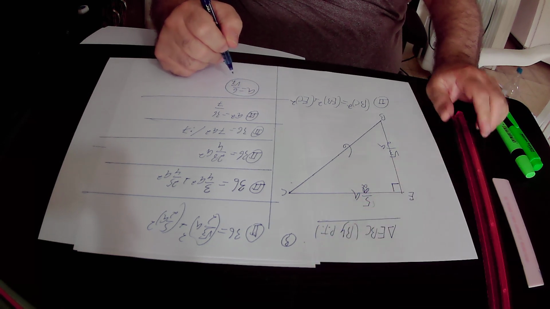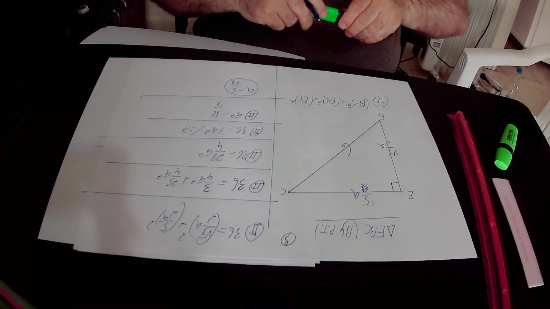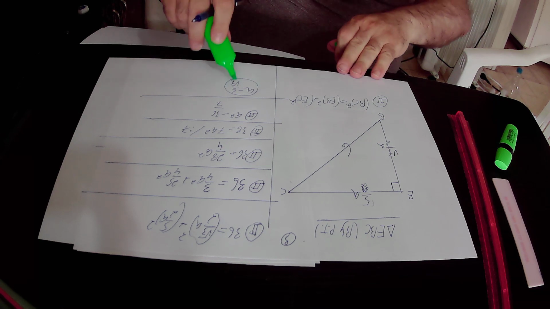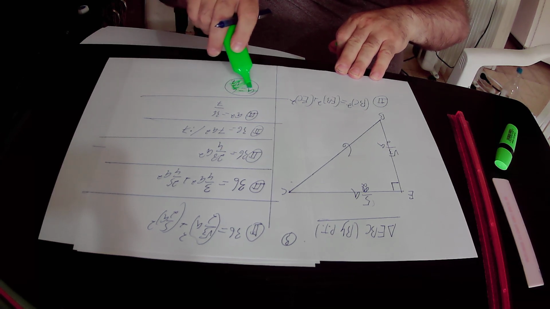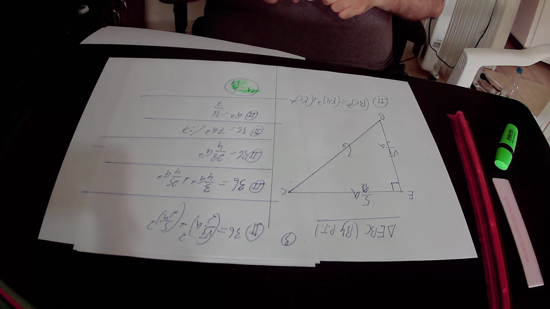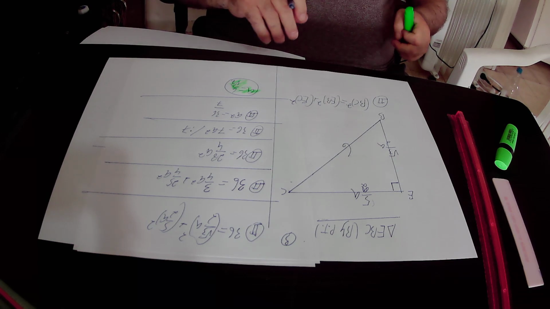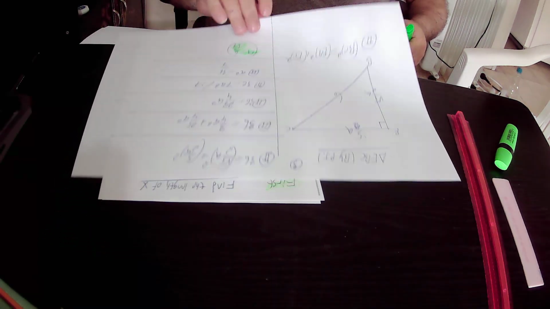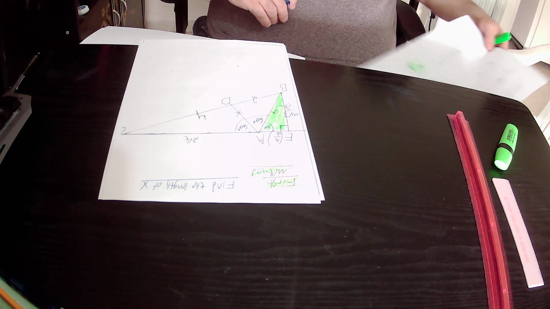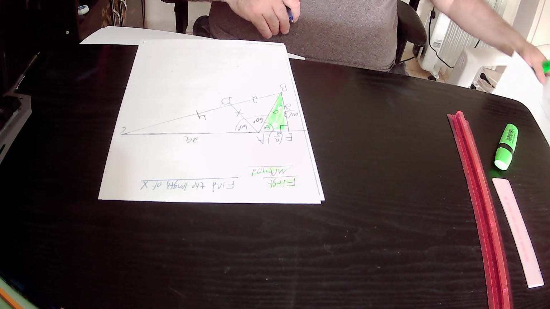So in conclusion, we found out that A equals 6 over square root of 7. In the next step, I will present to you a new rule. This is actually rule number 3, that is related to the angle bisector in a triangle.